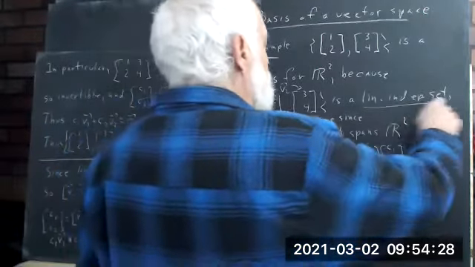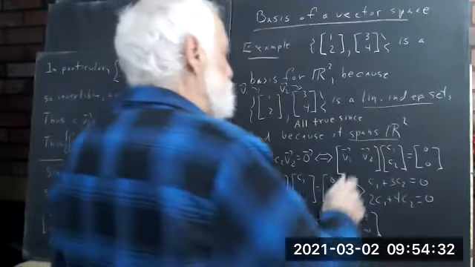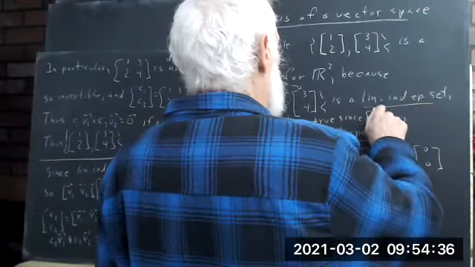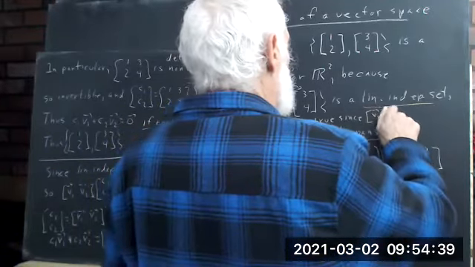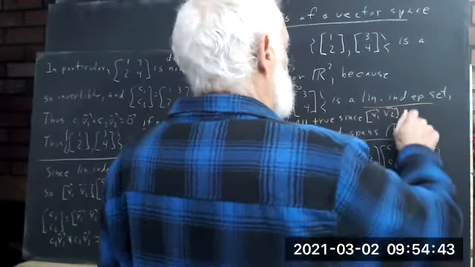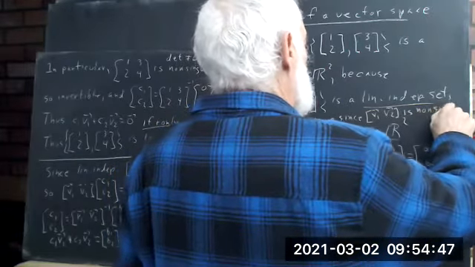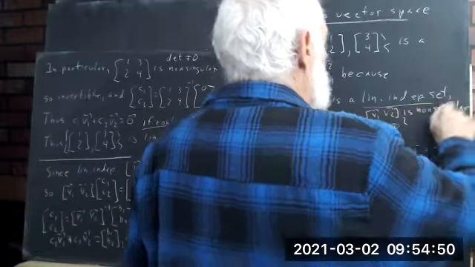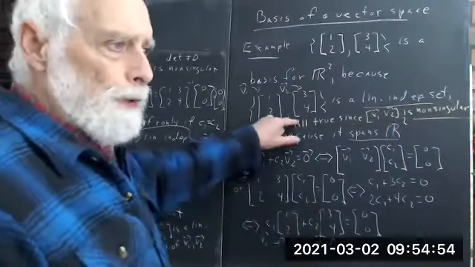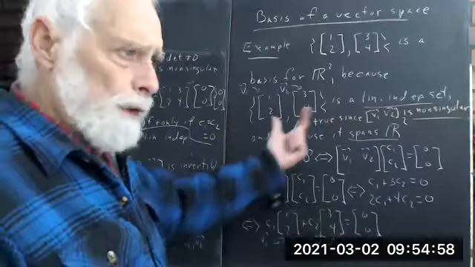It's a linearly independent set, and because it spans R2, because this set is non-singular. And it's easy to test whether this is non-singular. You form the matrix and you take its determinant.